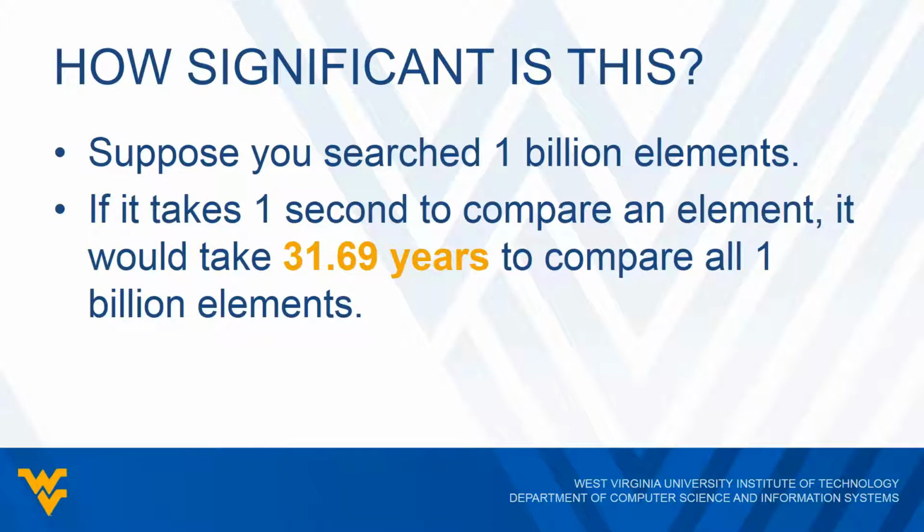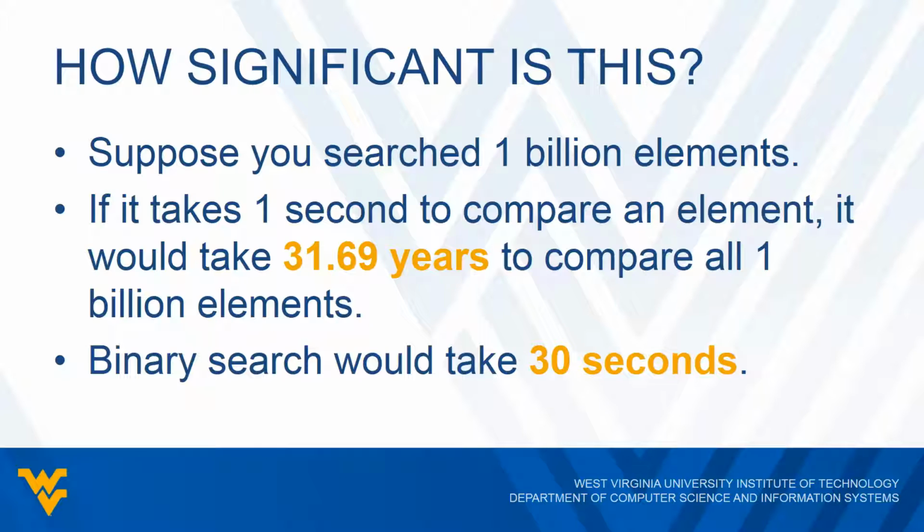I think most of you have not even been around for 31.69 years. So this is a very long time if you did 1 comparison per second. What about binary search? It would take 30 seconds to do the search. 30 seconds for binary search, 31.69 years for sequential search. That is a huge difference.